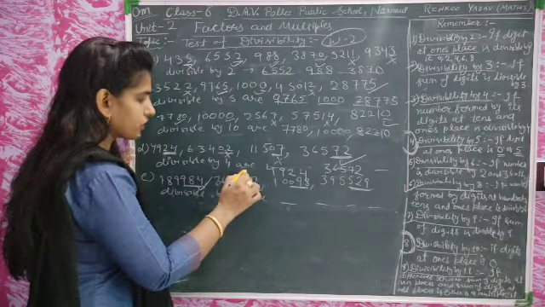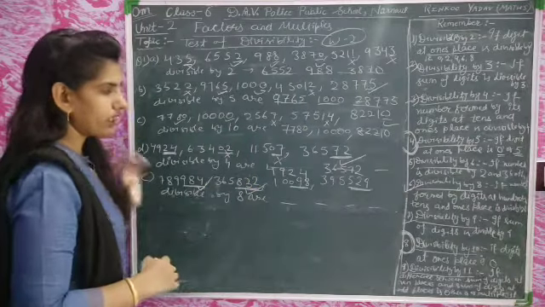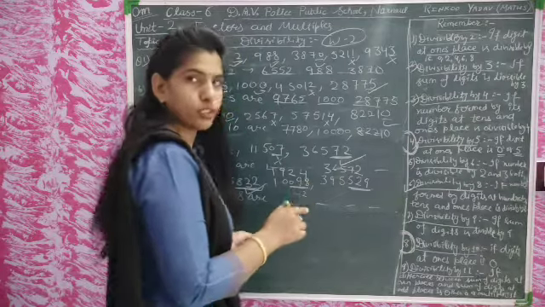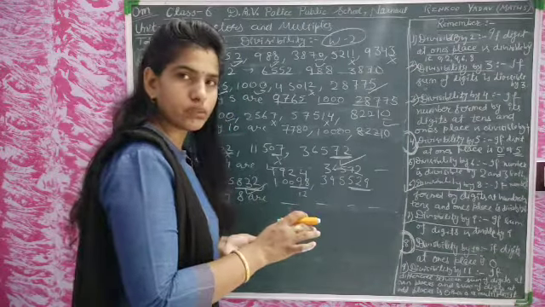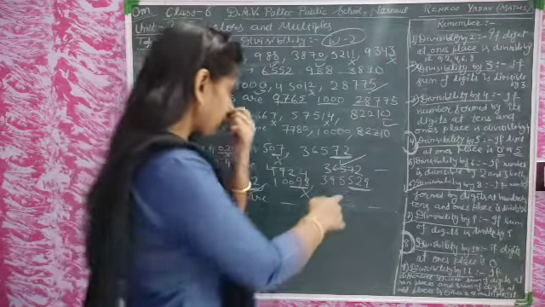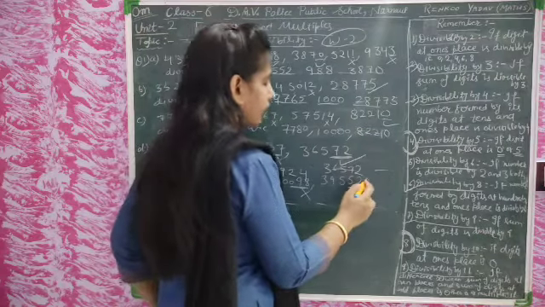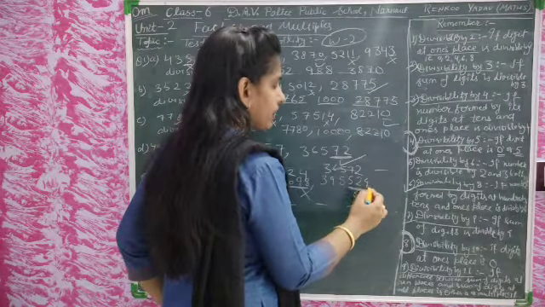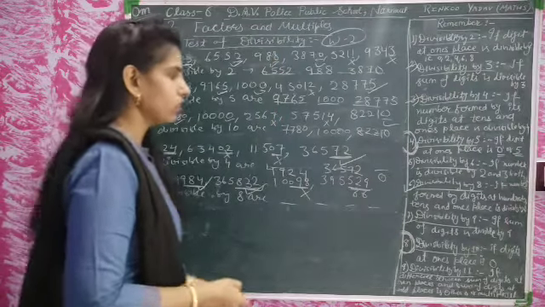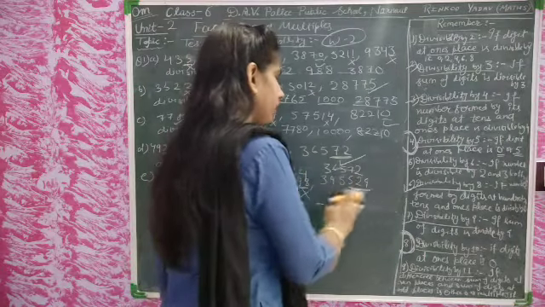8 1s are 8, 0. 8 4s are 32, so this is also divisible by 8. And here 8 1s are 8, 8 2s are 16, and 2 is the remainder, so it is not divisible exactly. This is not divisible by 8. Now check here: 8 6s are 48, and there is a remainder of 1, so it is not divisible by 8.